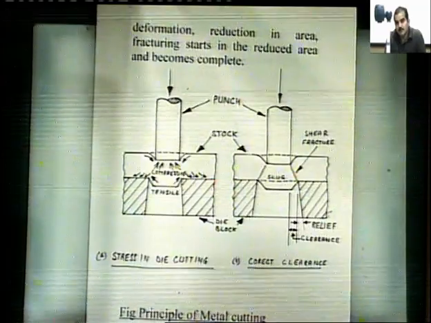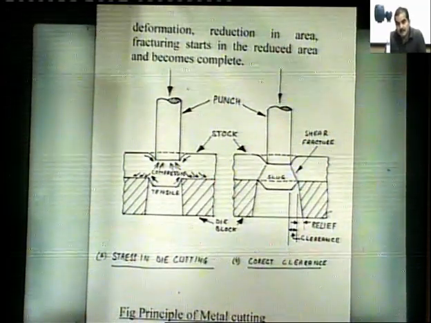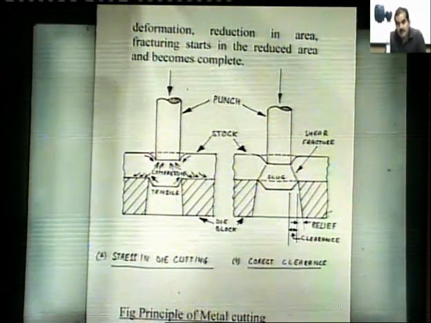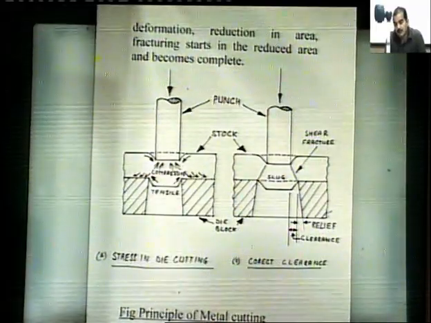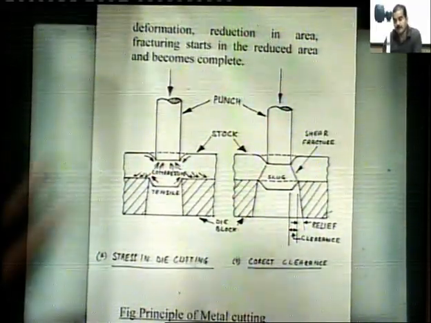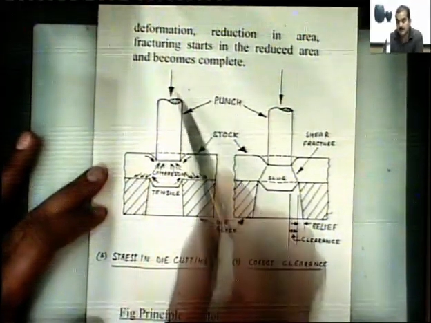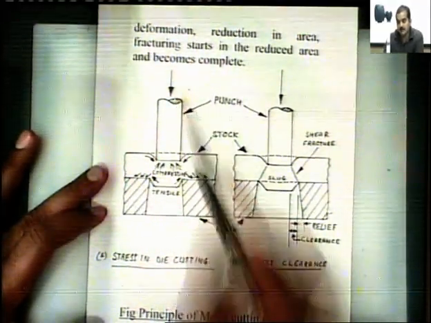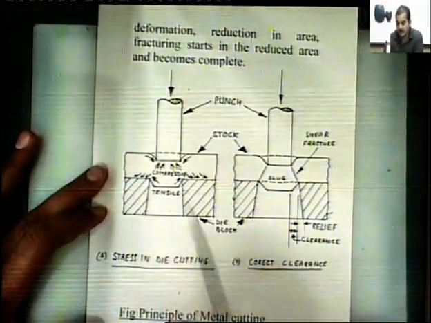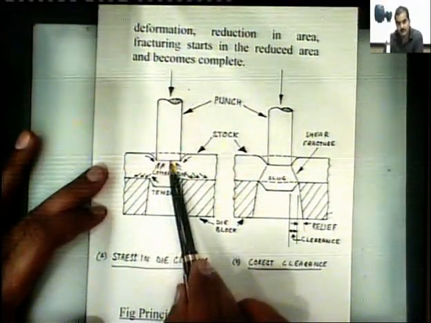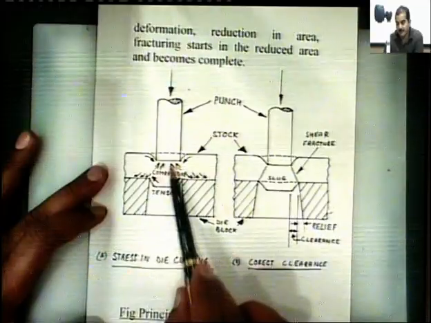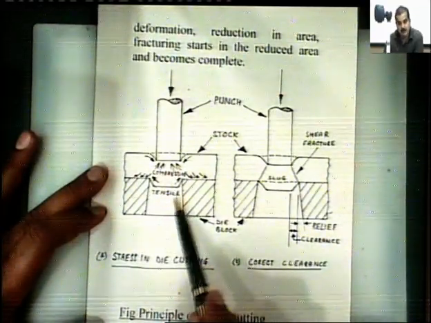Now, I will explain what actually happens during a cutting operation. First of all, we have a straight strip or workpiece, and the punch is coming down. When it makes contact, it pushes the sheet or strip into the die.